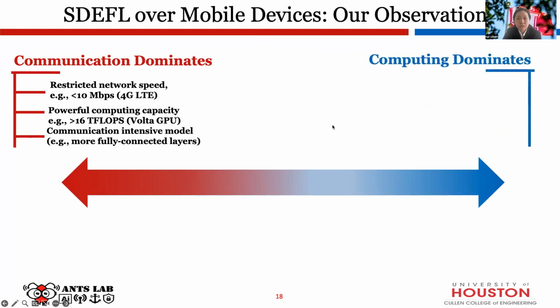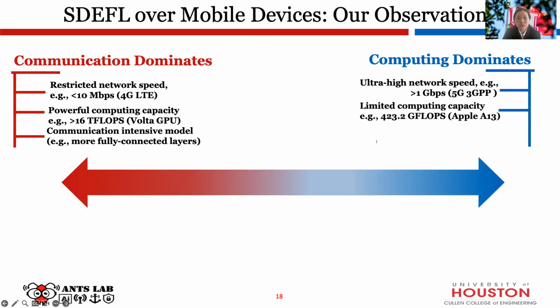Similarly, we summarize the conditions for computing-dominated cases, where we have an ultra-high network speed, larger than 1 megabyte, and we use a low-end device, such as an IoT sensor or smartphone, to perform the on-device training. Also, the model we are training is a computing-intensive model.